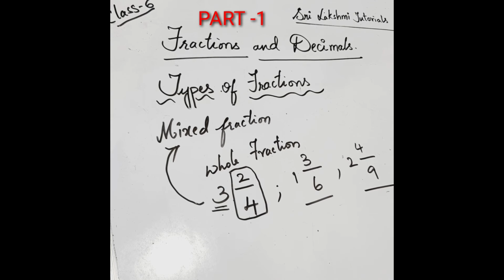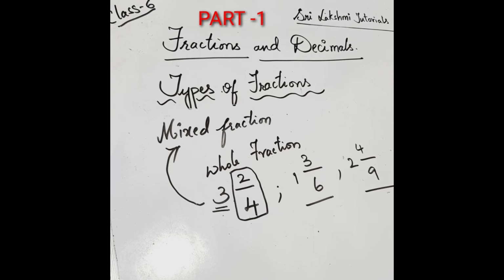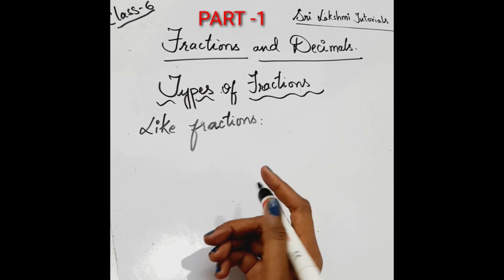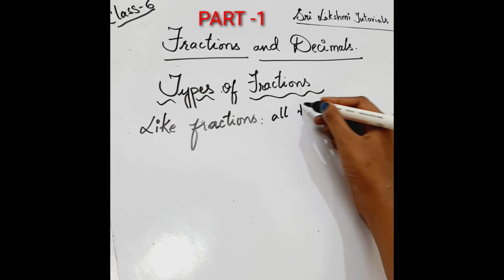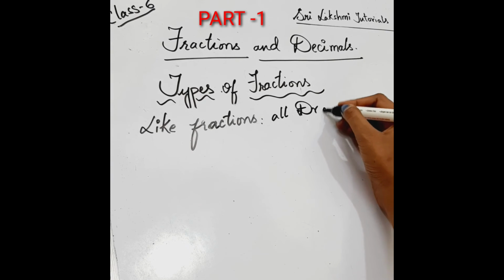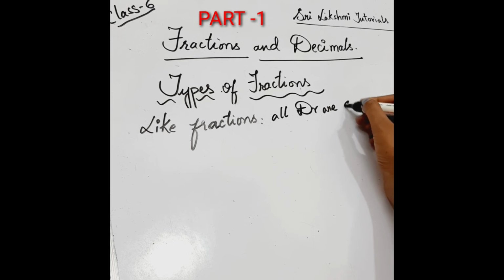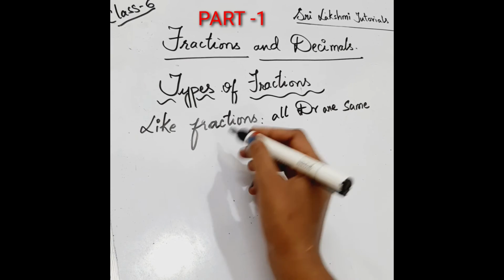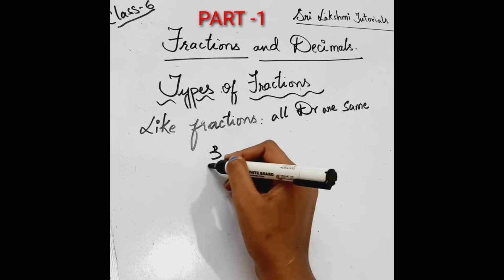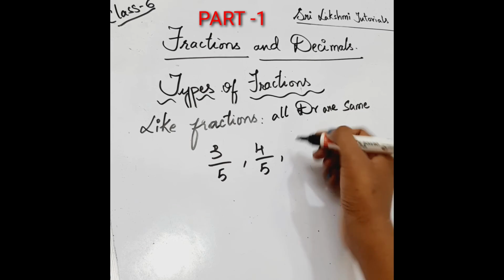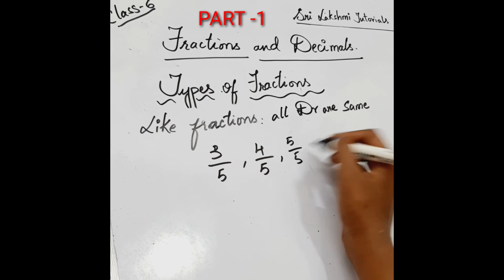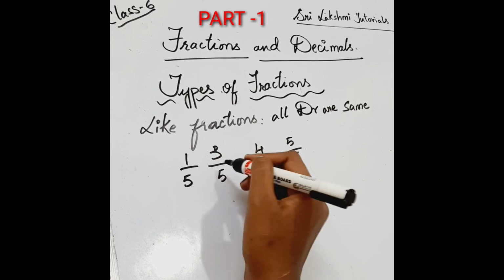Now we'll see what are like fractions. In like fractions, all denominators will be the same. Example, 3 by 5, 4 by 5, 5 by 5, 1 by 5.